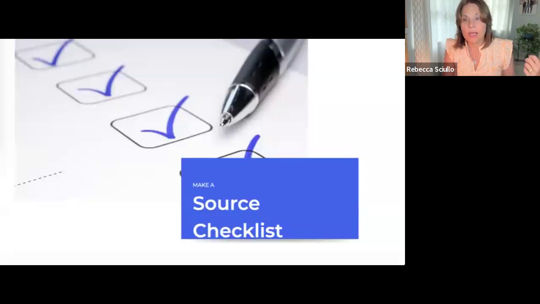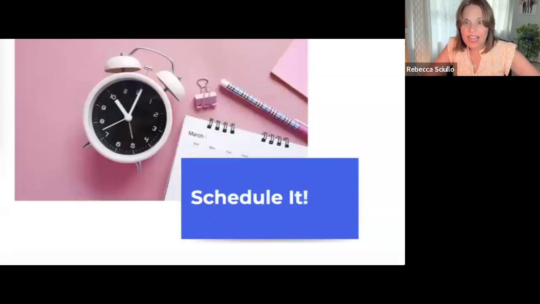So this could be maybe a local media outlet or local magazine or newspaper or an industry website or a group on a social media platform, places that you're going to want to visit time and time again to learn about this audience.